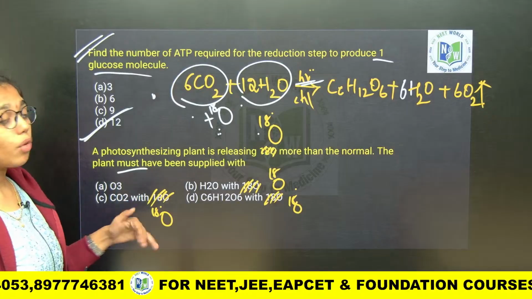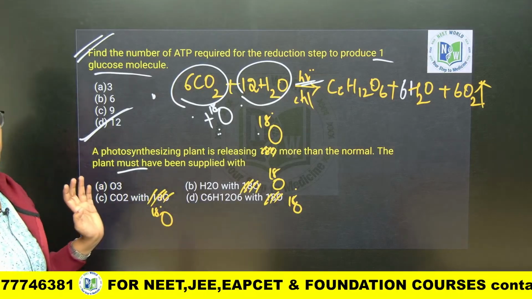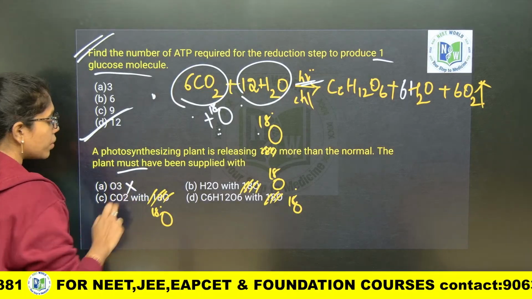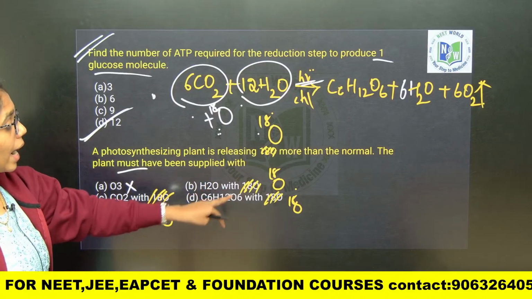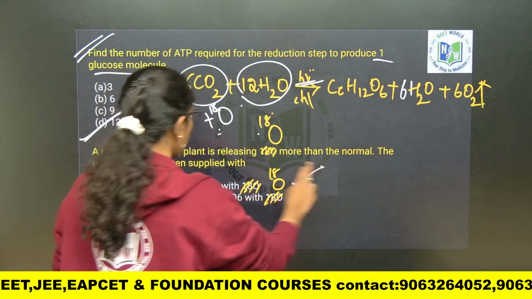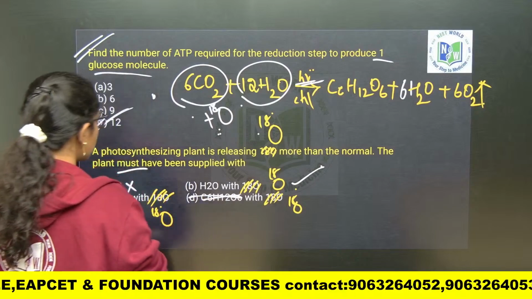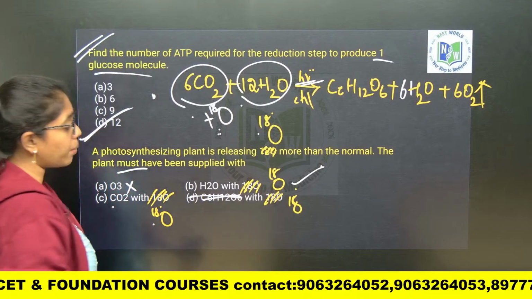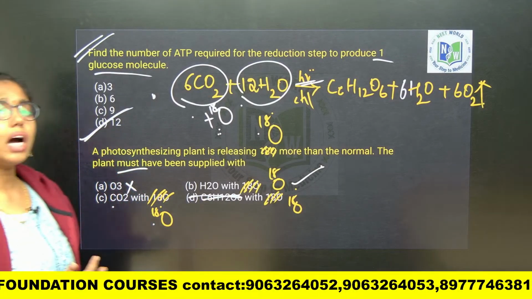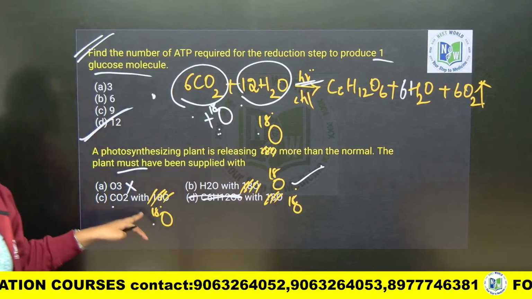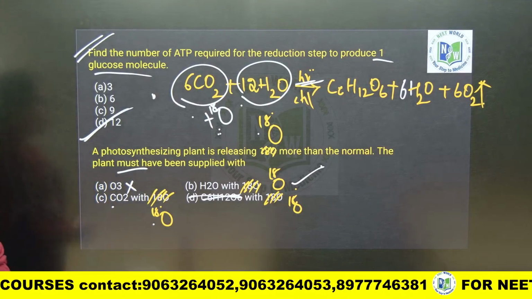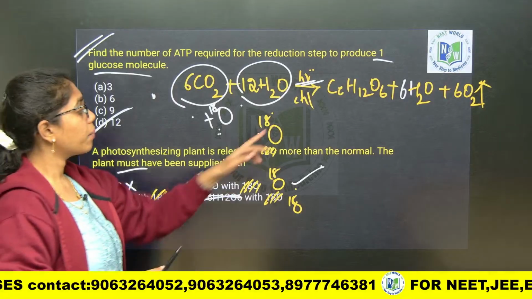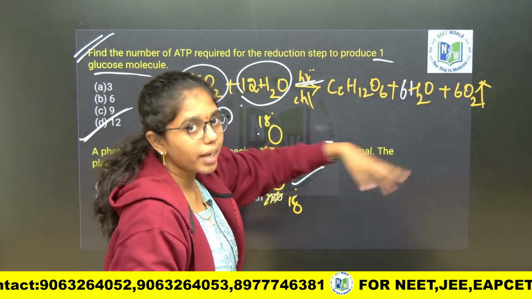So what is it supplied with, is the question. Definitely it is not O3. Water and O18, there is a possibility. Definitely it is not glucose and oxygen, or carbon dioxide and O18. Without water, if just CO2 and O18 are supplied, how would that produce O18 in the end product? That is wrong.